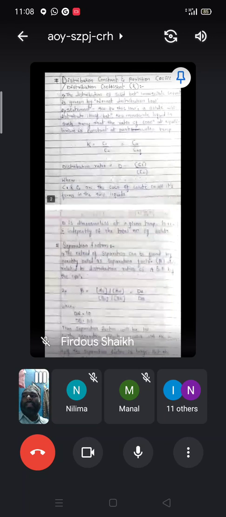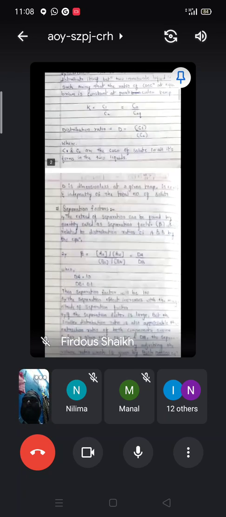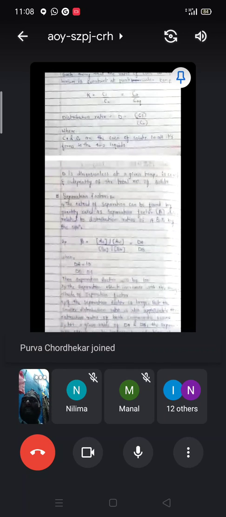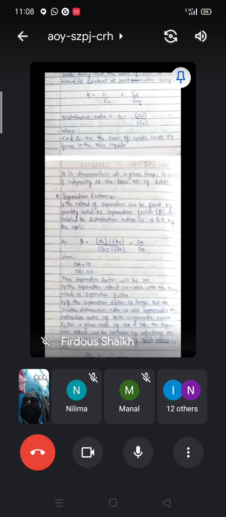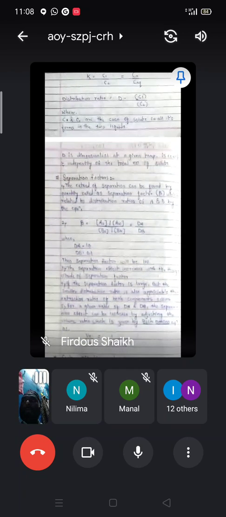Another factor is the separation factor, beta, which is the relation between the distribution ratios of the two components A and B: beta = dA upon dB. The separation factor may come for the MCQ purpose.